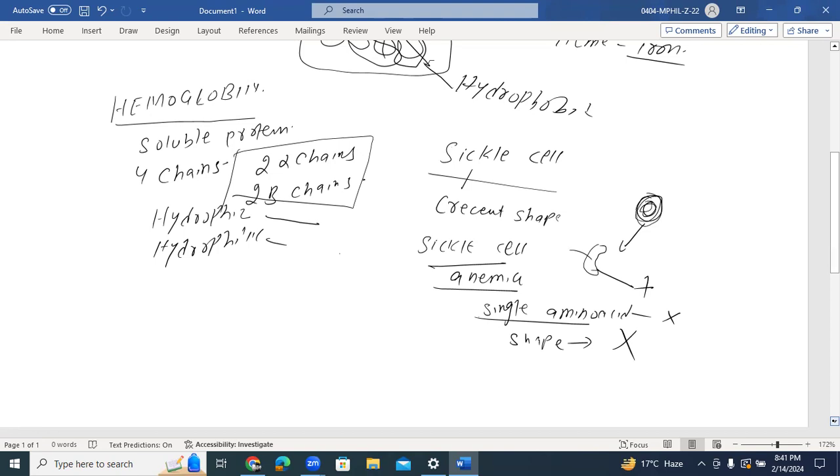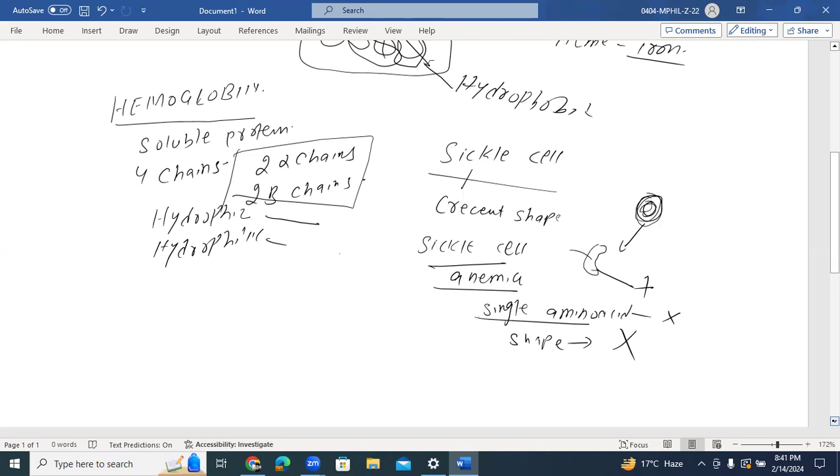Now, a question is, which amino acid is going to change here? I think we should know about it. Up till now, I said that there is a change in a single amino acid, and that will cause sickle cell anemia.